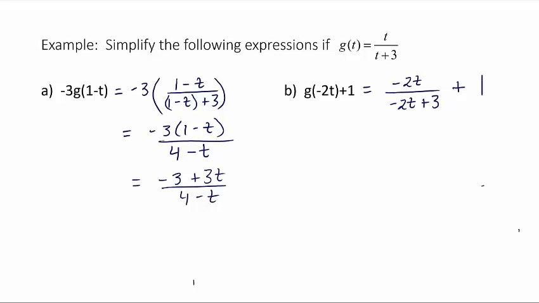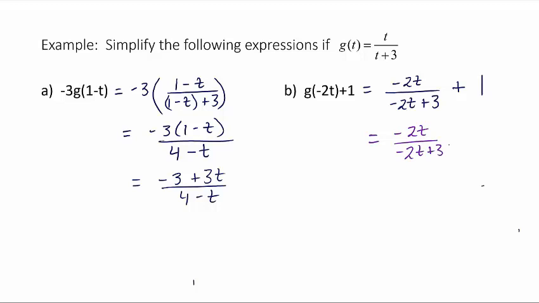Now, at this stage of things, I would probably tell you, hey, it's okay to just leave it as is. Further on, as we continue our study, we're going to learn how to combine that expression into a single fraction. So I'm going to keep going here for the moment. I'm using a different color just to indicate this is some additional information.